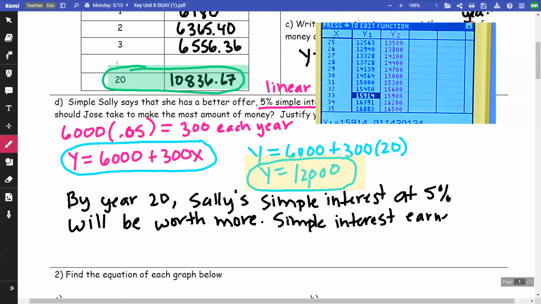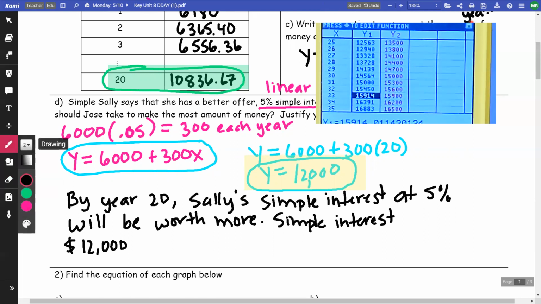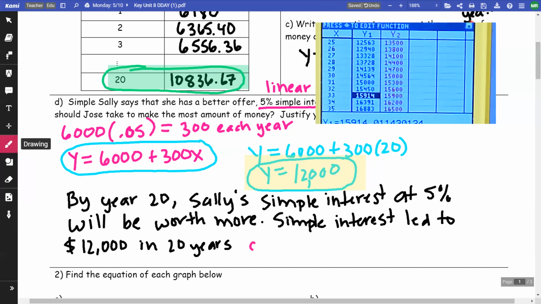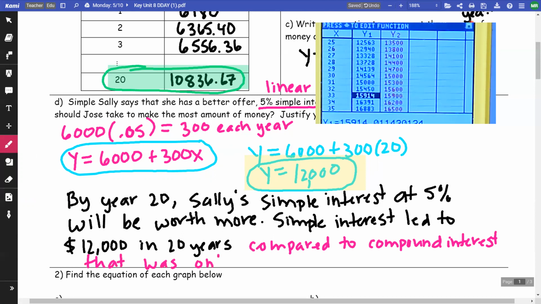Earned $12,000, or I shouldn't say earned, led to $12,000 in 20 years compared to the compound interest that was only $10,836.67.